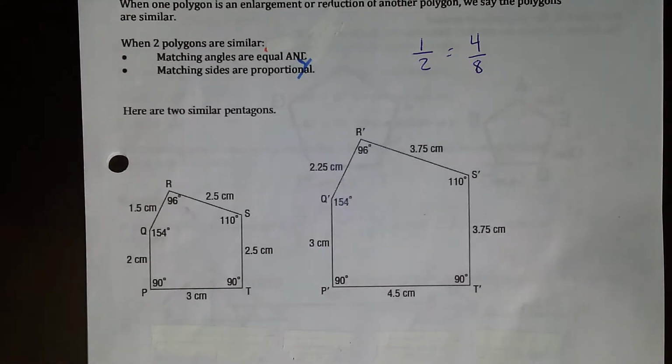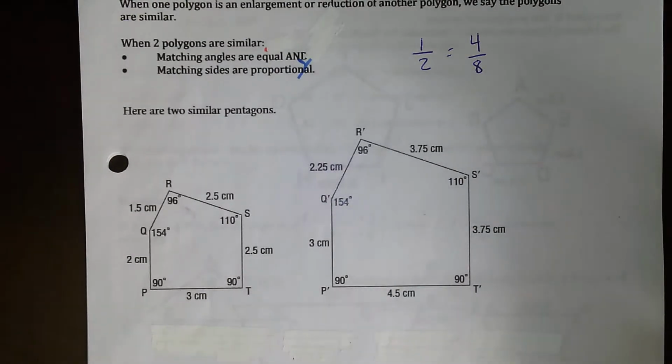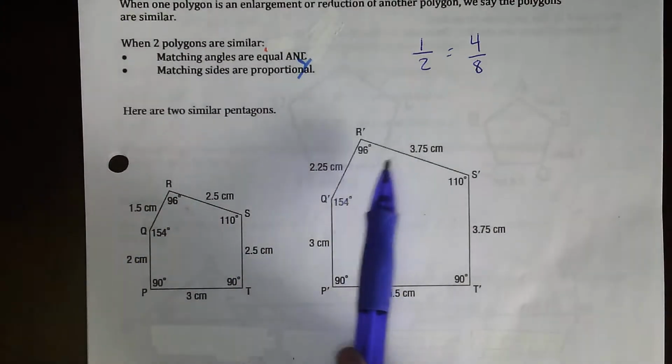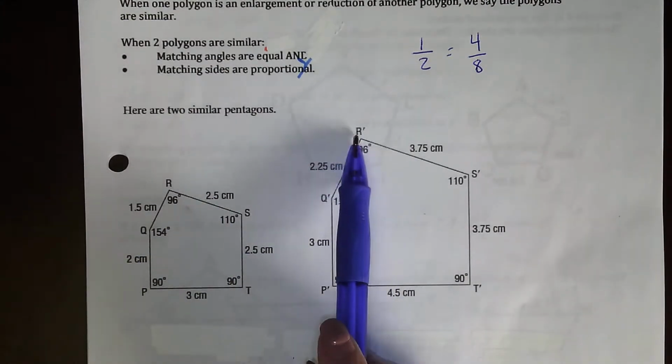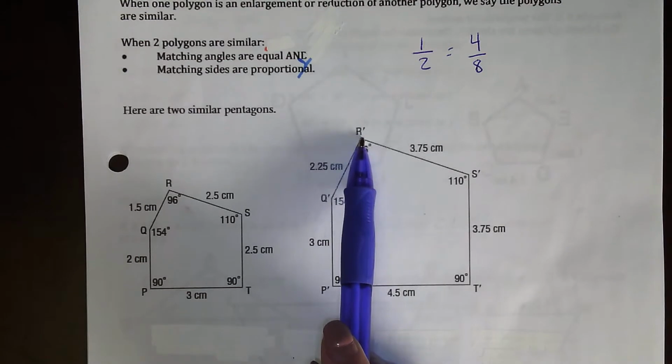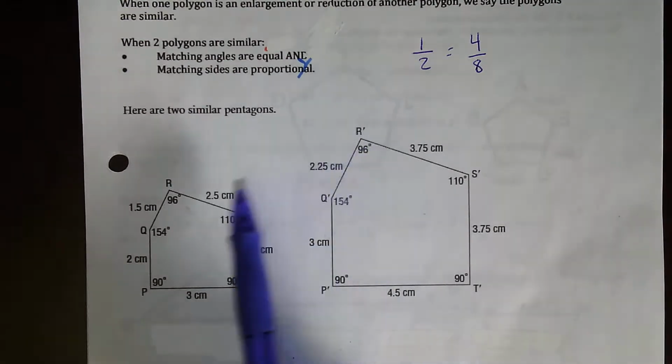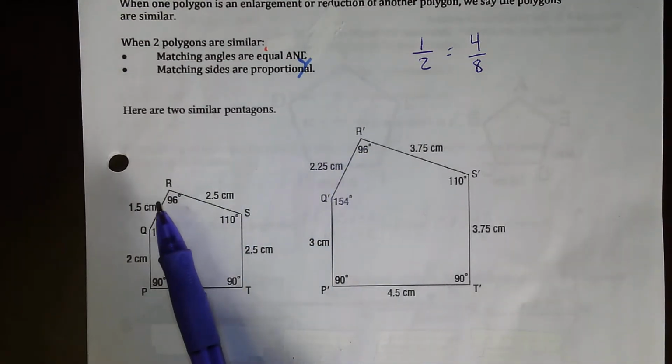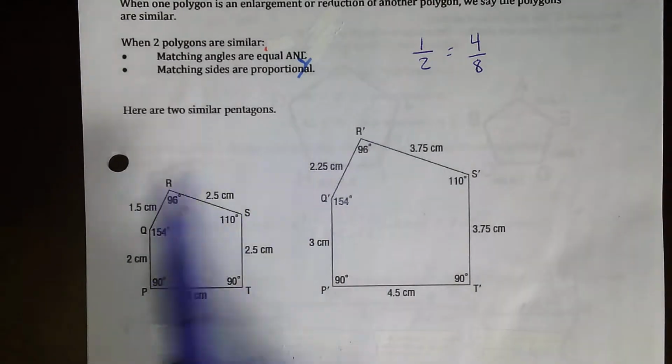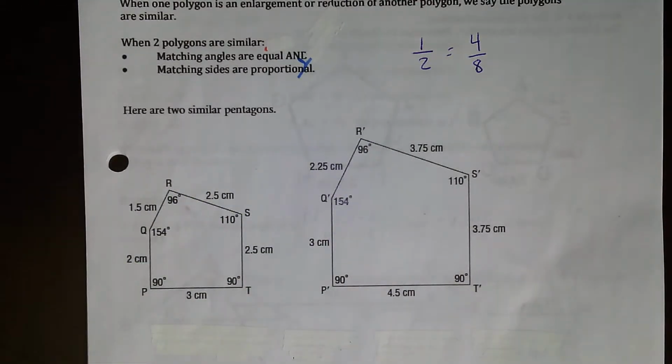One of the first things that I want to do is look and see if the matching angles are going to be equal. Notice that the angle over here has a little apostrophe, and that's to show that these two are slightly different.